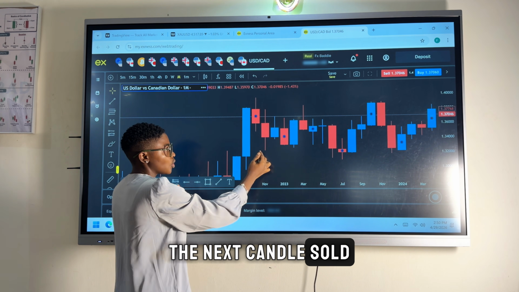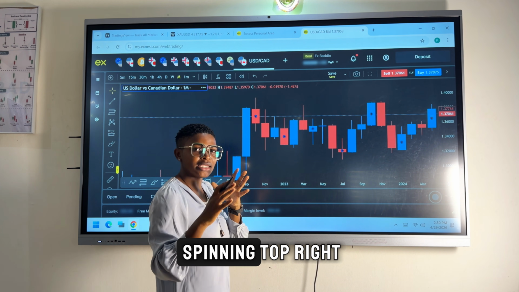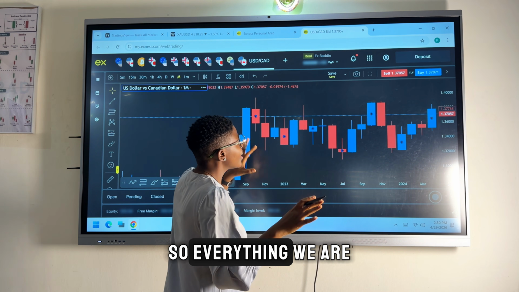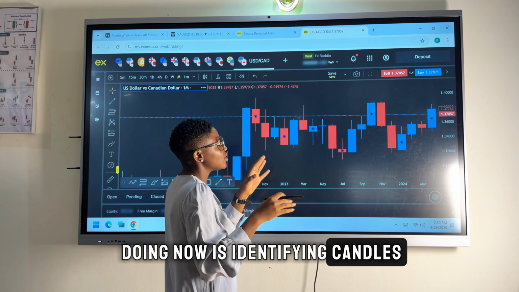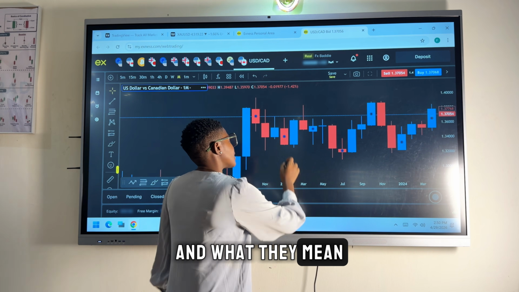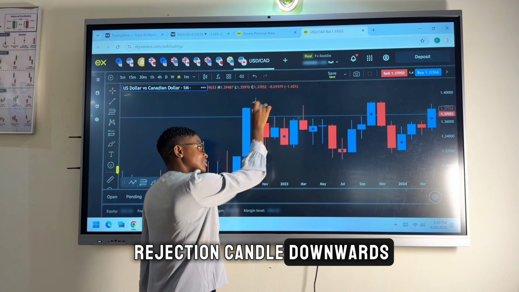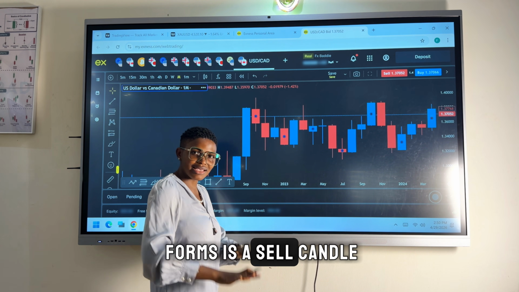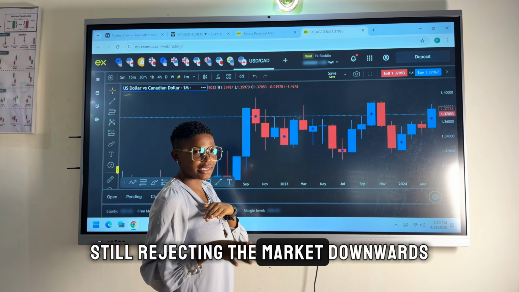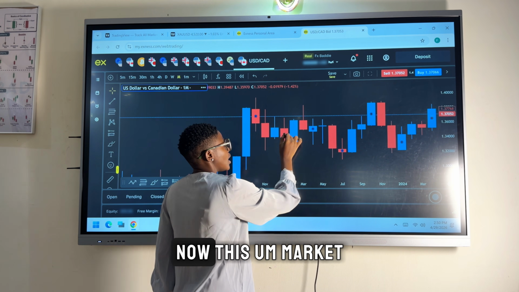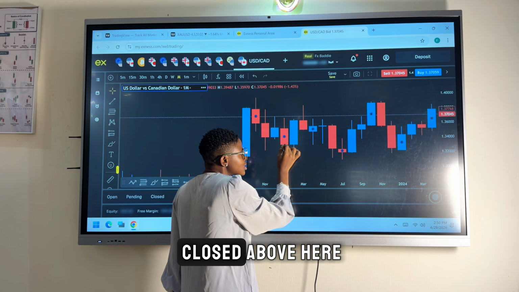The next candle sold, it still gave a spinning top, right? So everything we are doing now is identifying candles and what they mean. Rejection candle downwards. The next candle that forms is a sell candle, still rejecting the market downwards. Now this market closed above here.